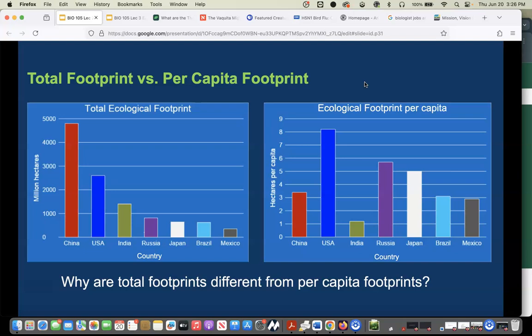However, the number of Earths that would be needed to sustain the world's population at the average per person US resource consumption rate would actually be 5. So again, our resource use is not distributed equally, okay?